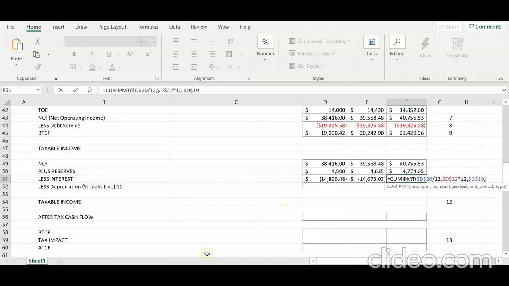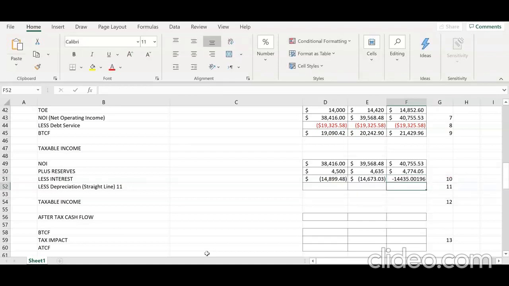For the period, we're going to start from 25 to 36, and then we'll close the parentheses, then we'll change it to the dollar sign.